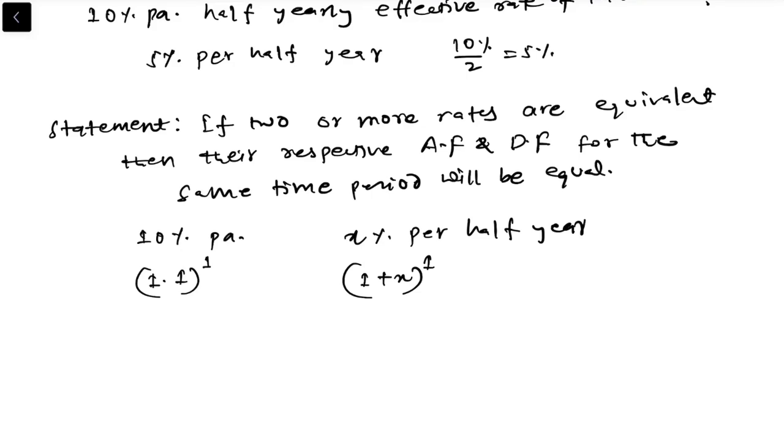Now, according to the statement, we can equate accumulation factor and discounting factor when the time period are equal. Here the time period is 1 half year, and here the time period is 1 year. So can I write 1 plus x to the power 2? It means the accumulation factor for 2 half years, or in other words, the accumulation factor for 1 year, right? Now we can equate this with 1.1 to the power 1.